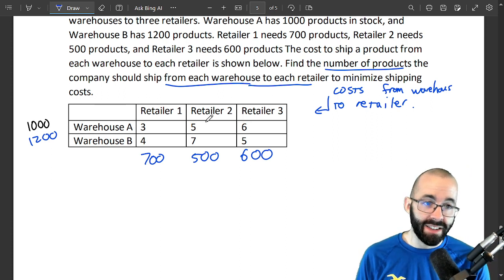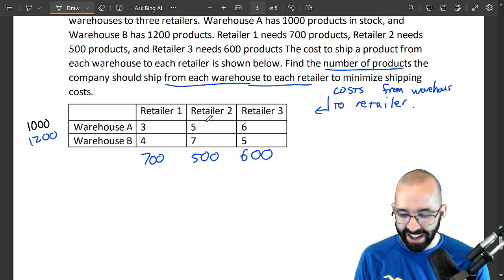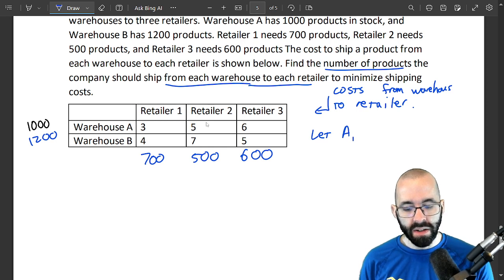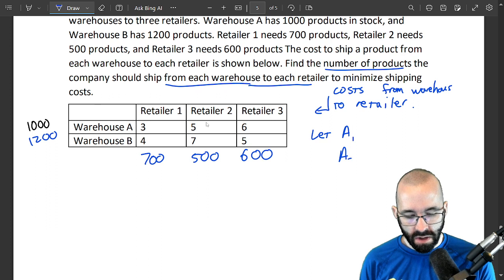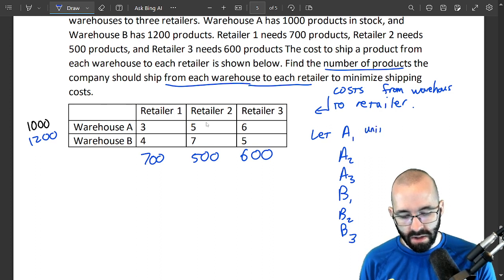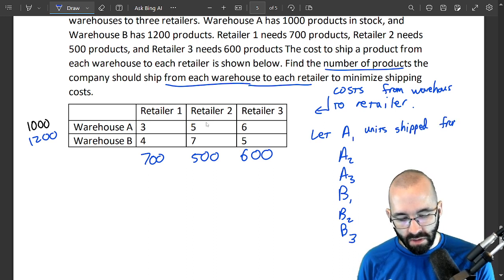A couple of ways that you could name these. You don't want to do X, Y, Z, you're going to run out of letters. The very natural choice is to do A1, A2, A3, and then B1, B2, B3. So A1 will just be the units shipped from warehouse A to retailer 1.